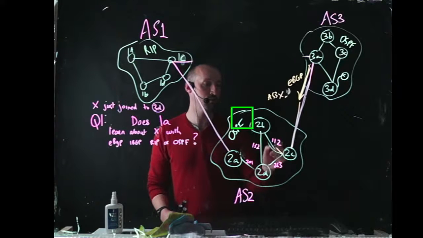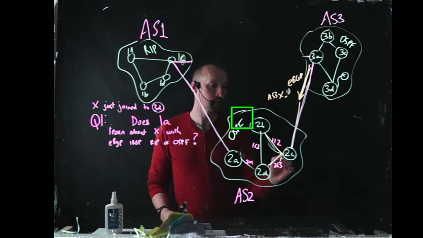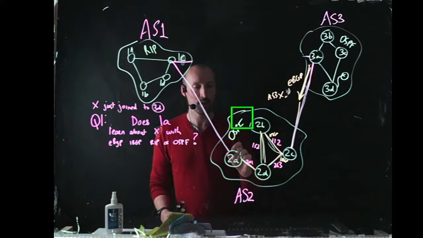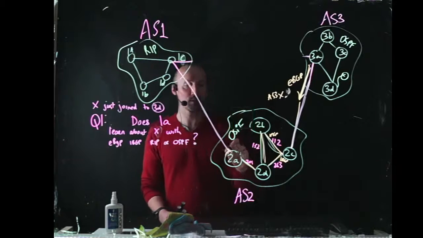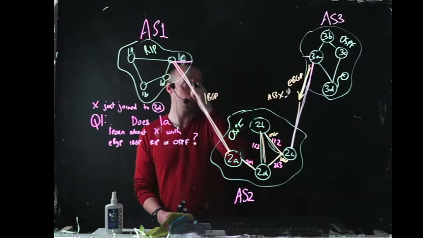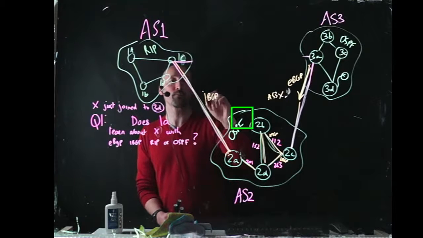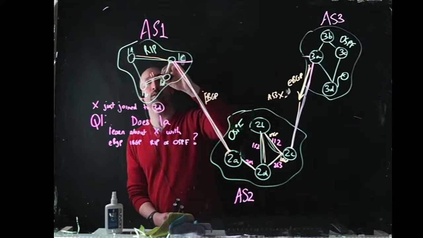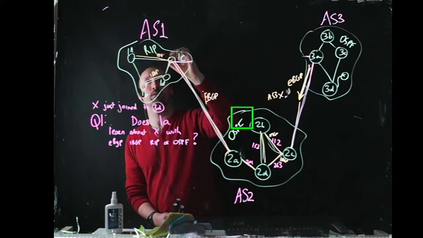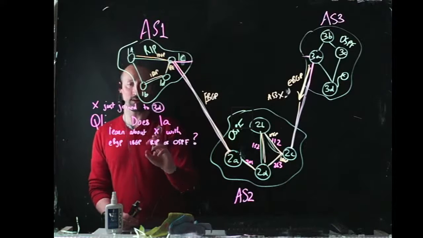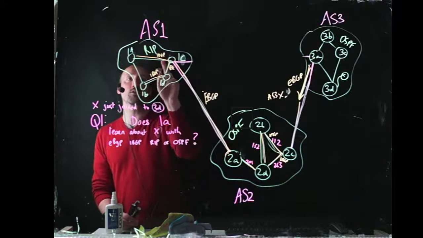That sends internal BGP messages to everybody in here, and it also sends an eBGP message all the way over to 1C. That then gets sent via iBGP everywhere inside here. So the answer is iBGP: 1A has just learnt about it via iBGP.